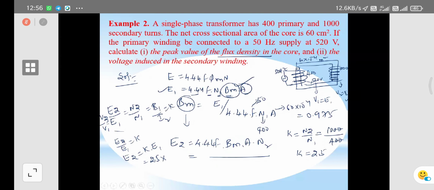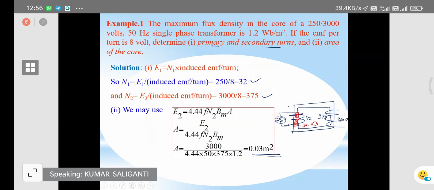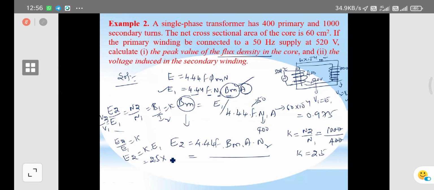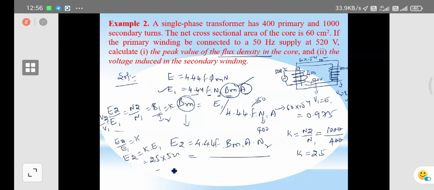So 520 into 2.5, that is 1300 volts. This is the E2.